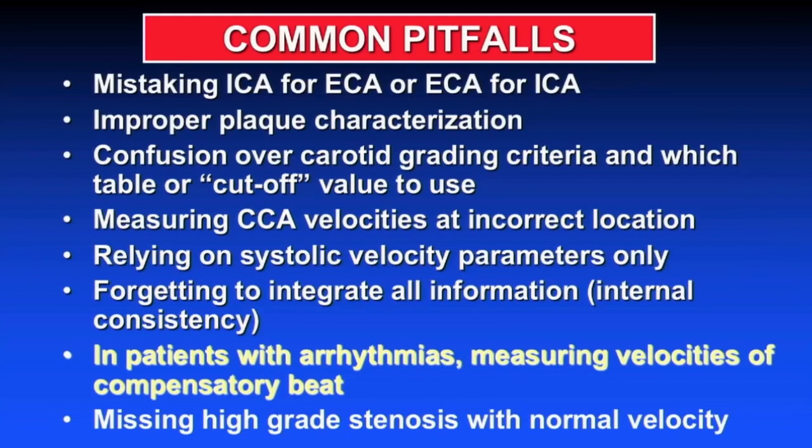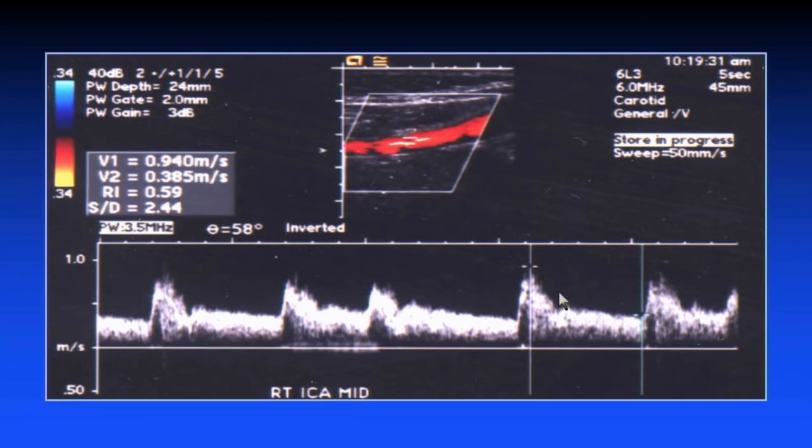And another common mistake people make is they don't understand how to deal with the patient who has atrial fibrillation and a compensatory pause. They have the highest velocity, so the technologists who are trained always make sure you find the highest velocity. Frequently they will write that on your information and send it to you. If you're not looking back at the images, you may make this mistake yourself.